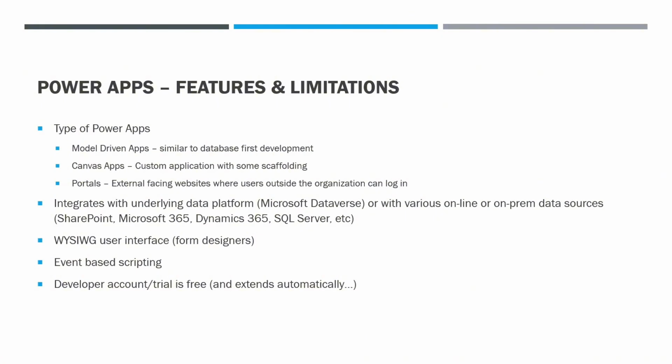So where the traditional run-of-the-mill automatic application generation doesn't cut the bill, and you need something that is custom, that is different from the application that the model-driven generates, or your database is something different from CDS or Dataverse, then you come up with a Canvas app.